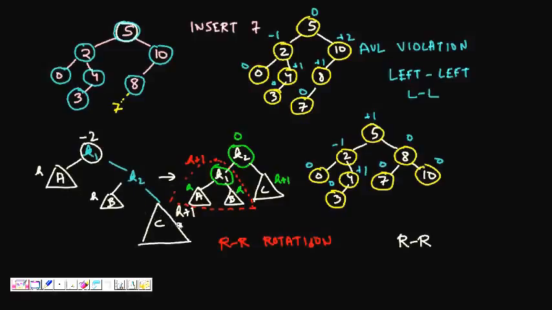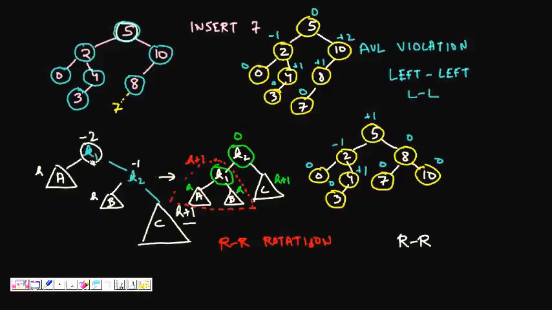Again A, B and C are all subtrees of height h. When we insert a new node, C becomes of height h plus 1. Now K2 has left subtree height h and right subtree height h plus 1, so its balance factor is minus 1. But at K1, its left subtree has height h and its right subtree has height h plus 2, so there is a minus 2 balance factor.